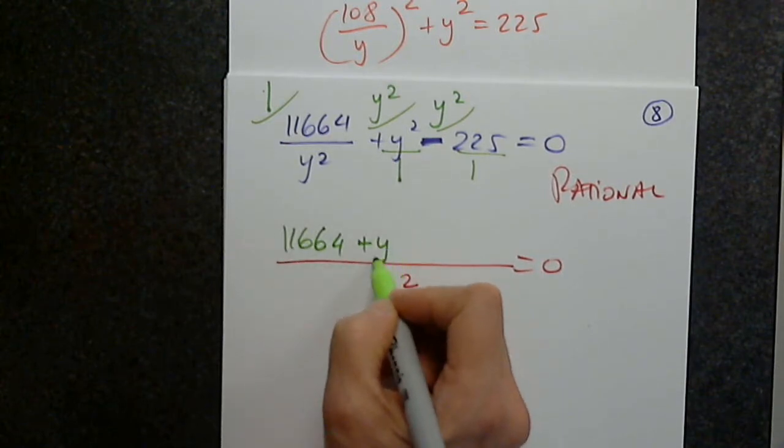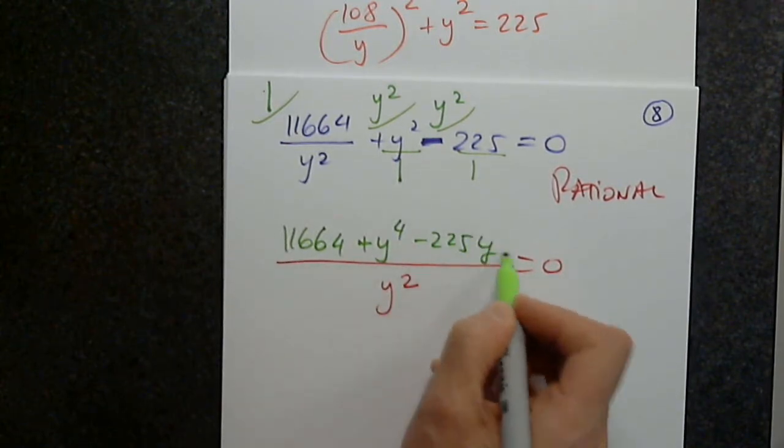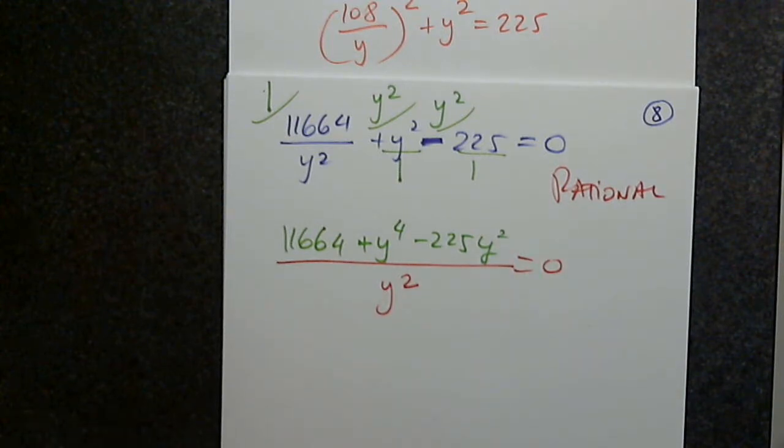11664 plus y to the 4th minus 225y squared. We're adding fractions, right? And they don't have the same denominator. Right? So because the 11,664, because the denominator was y squared, it was kept the same.